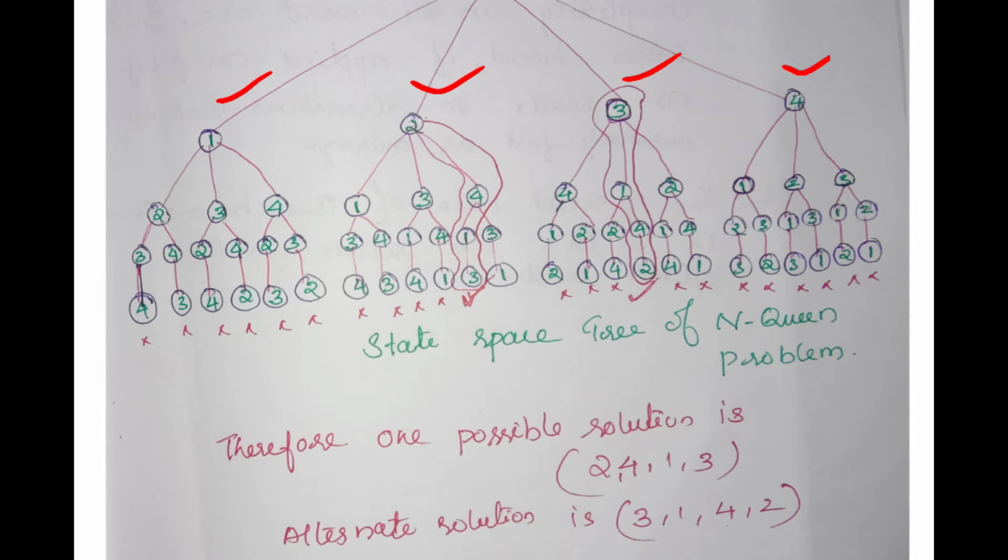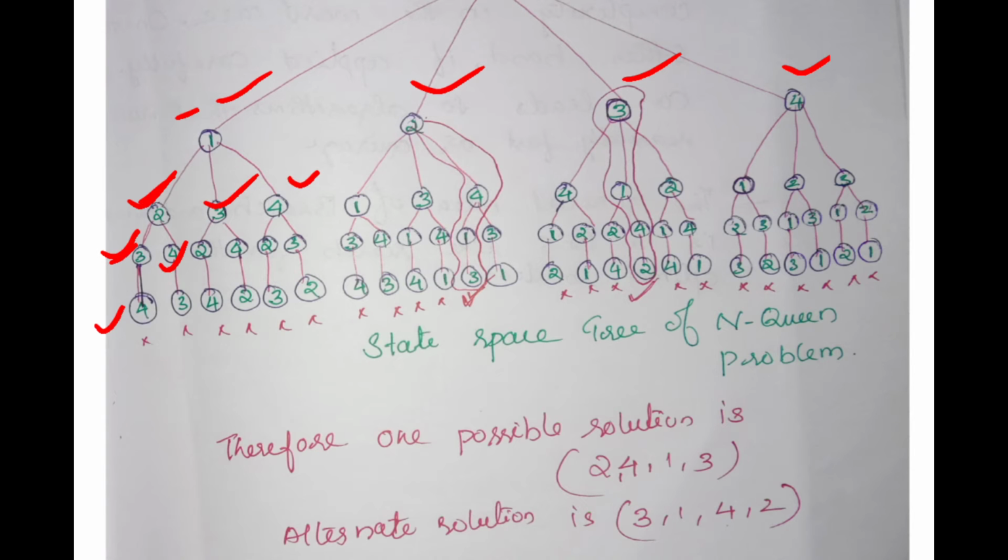Then how many numbers remain? 2, 3, 4. After 2, the remaining numbers are 3, 4. Taking this section only, 1, 2, 3, the remaining number is 4.